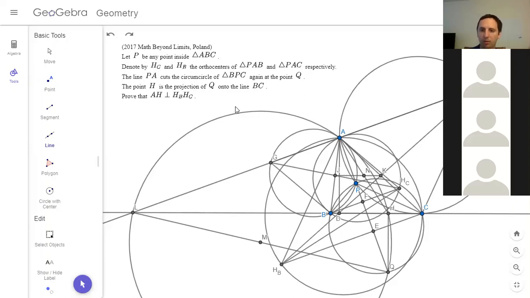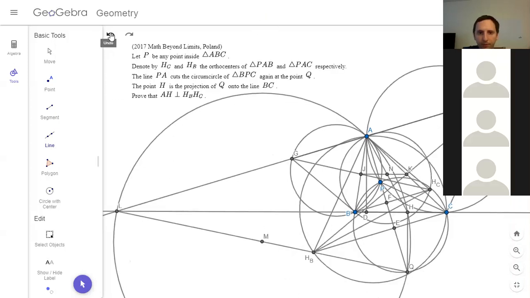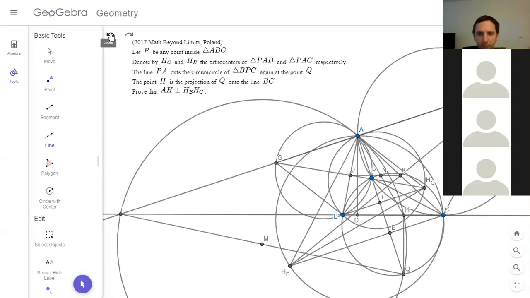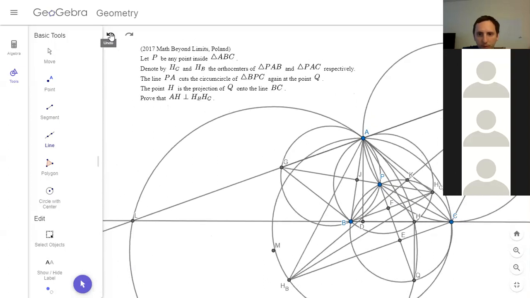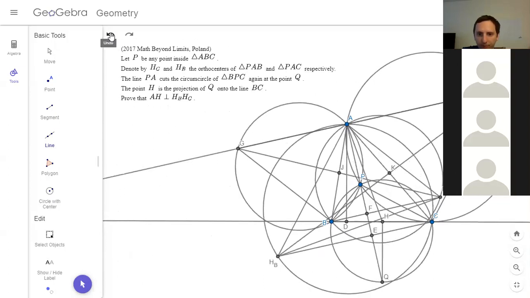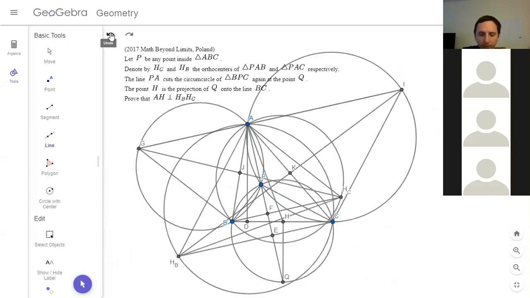Hmm. Let me go back a little bit to where I drew the circle.